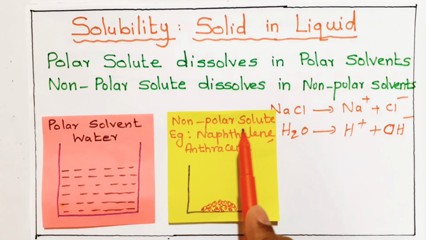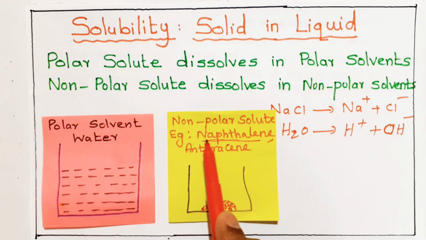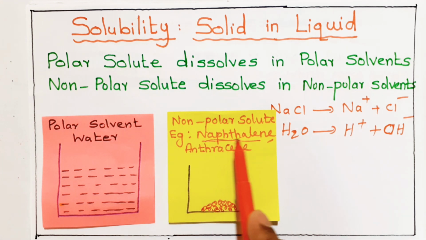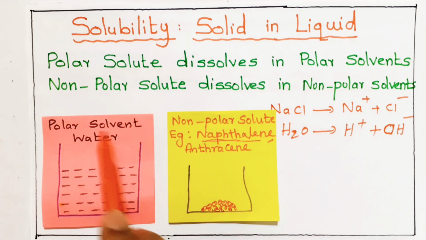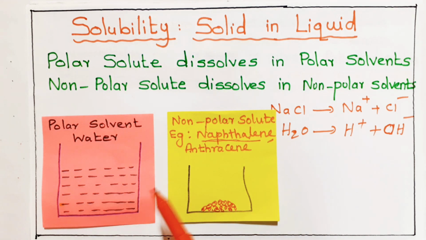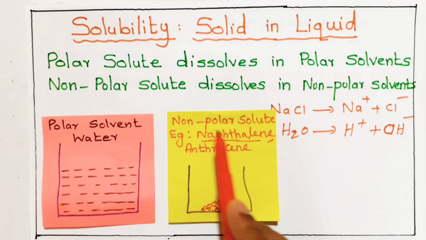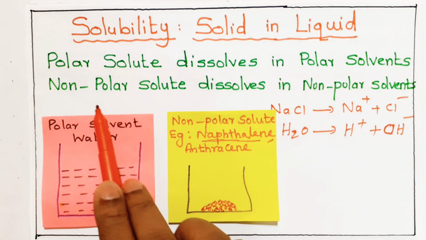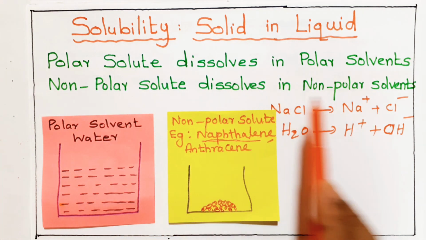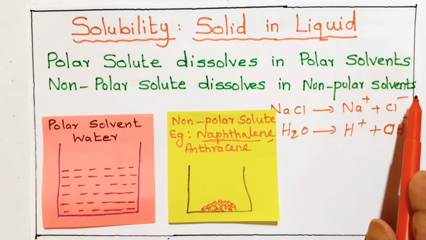I will add one of the non-polar solutes, naphthalene. I will add this non-polar solute naphthalene into polar solvent water. Will it get dissolved? No, it will not get dissolved, because non-polar solute will dissolve only in non-polar solvents.